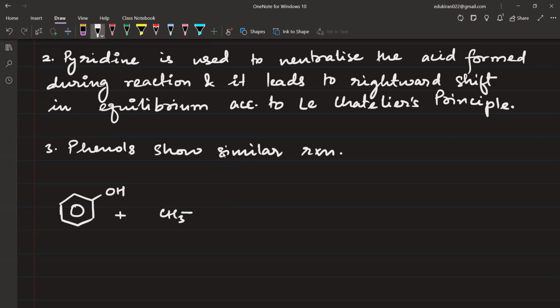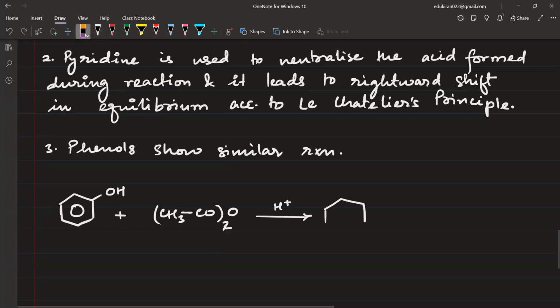CH3 bonded to CO, that means C double bond O, and this carbon will be bonded to oxygen, and this will be twice. This is also a short form of acid anhydride. Rather not H plus, don't write anything here. You are going to get oxygen doubly bonded with carbon atom and then CH3.